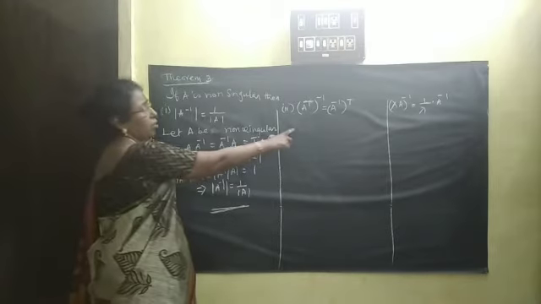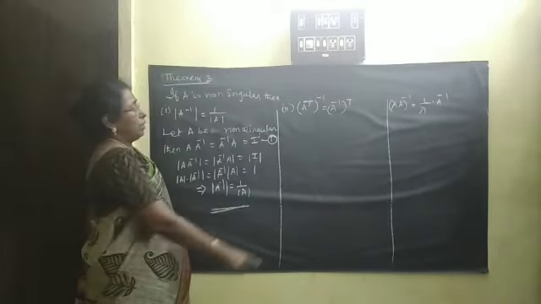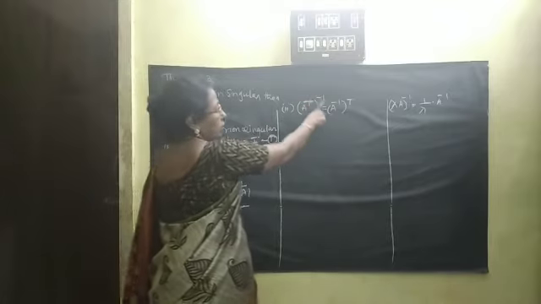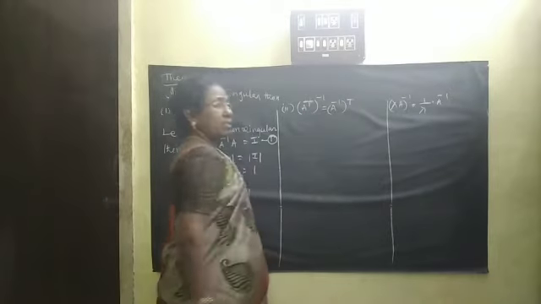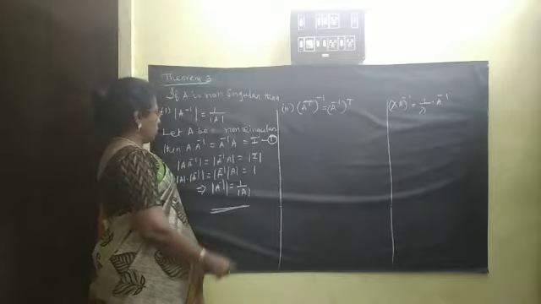The next property says A transpose the whole inverse is equal to A inverse the whole transpose.